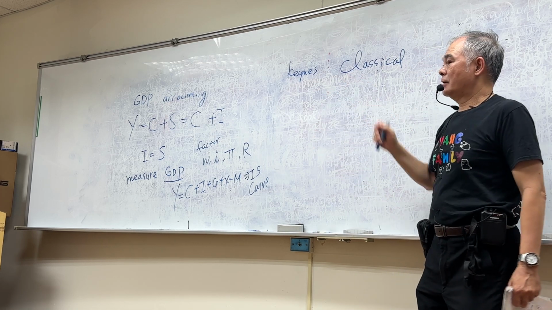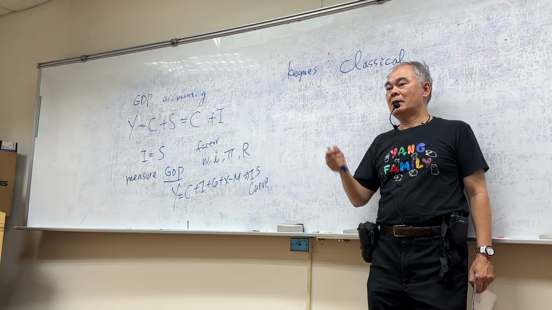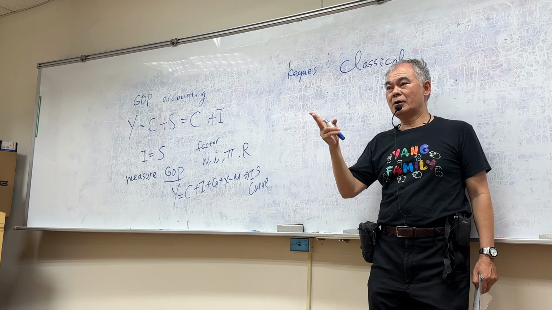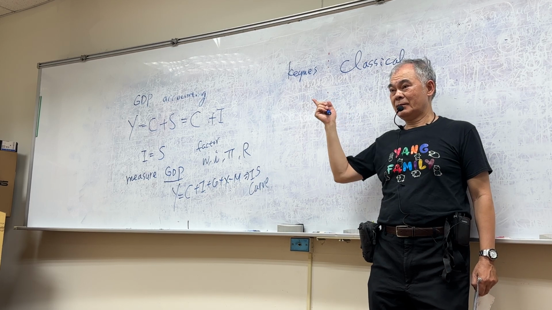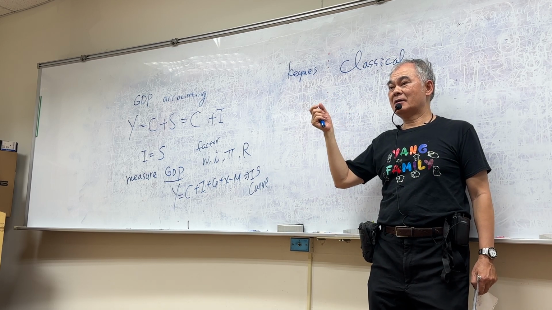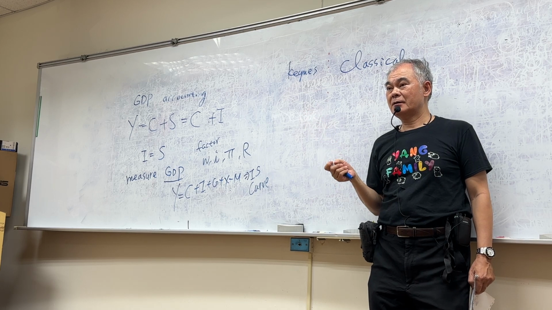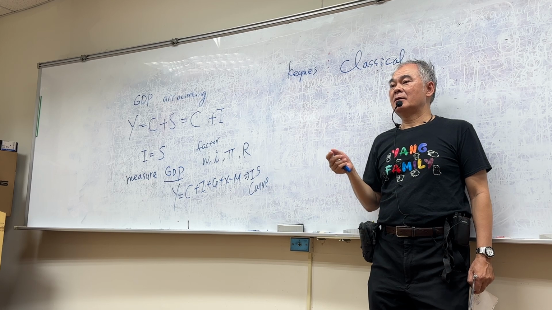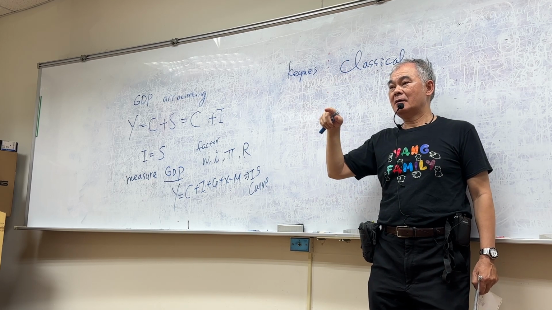But Keynes says, no, this is not the case. So what's wrong? He has 2 points. The first point is the market is not perfect. In what respect is it not perfect? Sometimes we say price will move up and down, right?